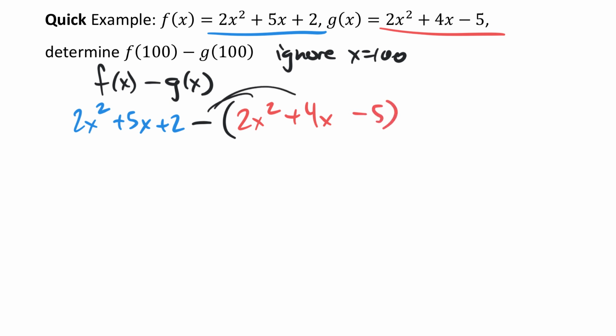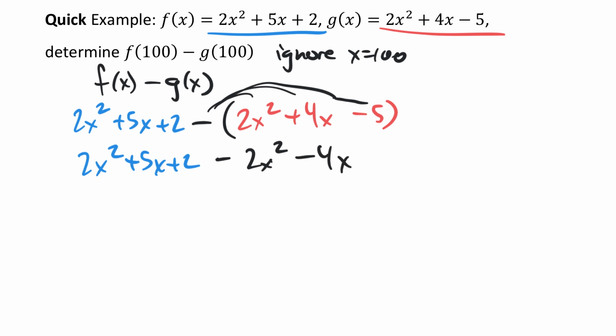Now remember that negative needs to distribute to all of the terms. 2x squared plus 5x plus 2 minus 2x squared minus 4x plus 5. Those are going to cancel, and you'll have x plus 7.